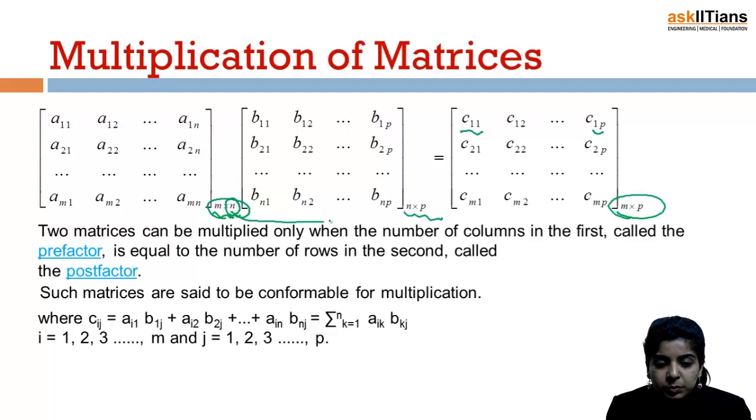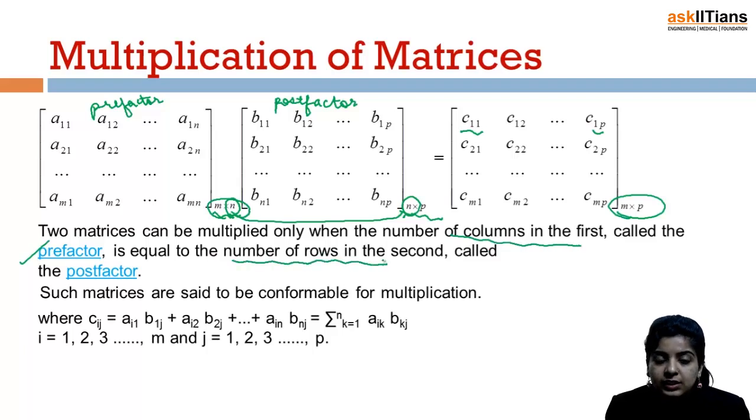This n should be the same as this n, which means that the number of columns of the first, which is also known as the prefactor, should be equal to the number of rows of the second, which is known as the post factor.